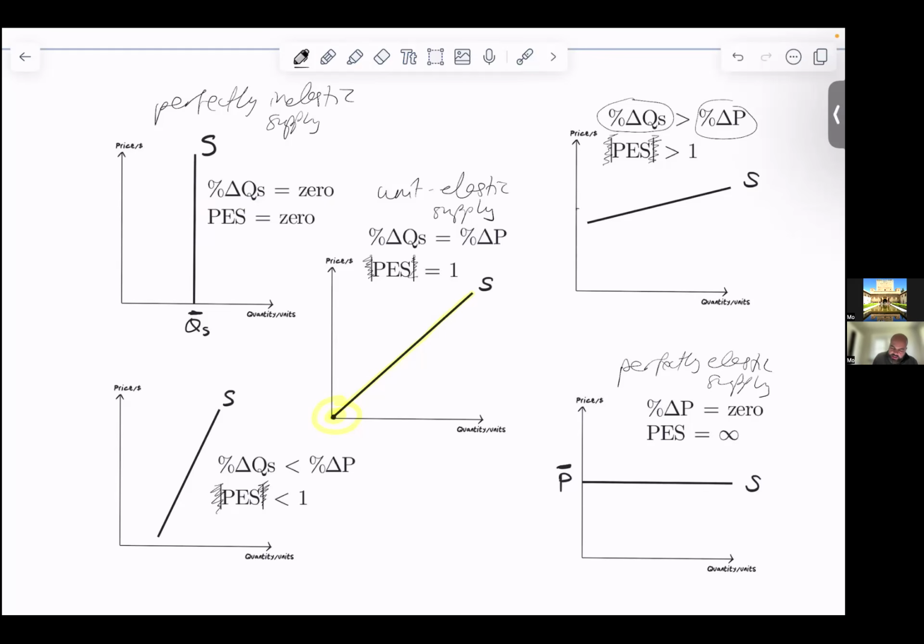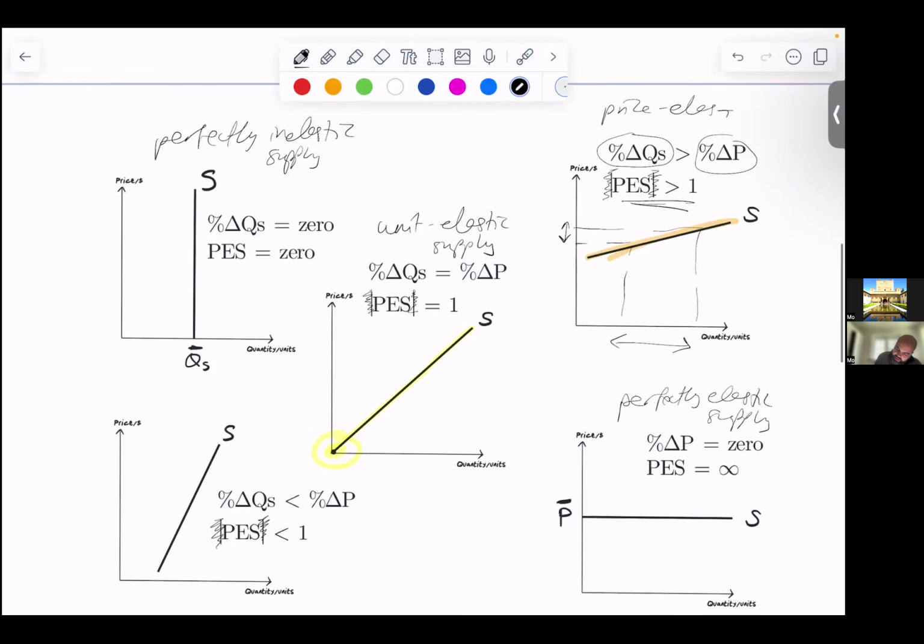The change in quantity will always be more than proportionate to the change in price. In that case, PES will be greater than 1. It will be positive and it will be greater than 1. And the supply curve will be relatively flat. Here, we say this is price elastic or elastic supply.